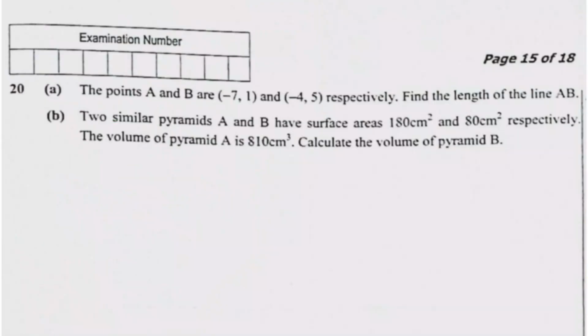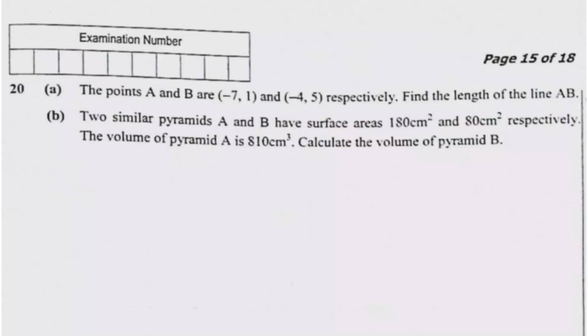Okay, we come to question 20b, which is: 2 similar pyramids A and B have surface areas 180 centimeter squared and 80 centimeter squared respectively. The volume of pyramid A is 810. Calculate the volume of pyramid B. So what we can do is first write the ratio.